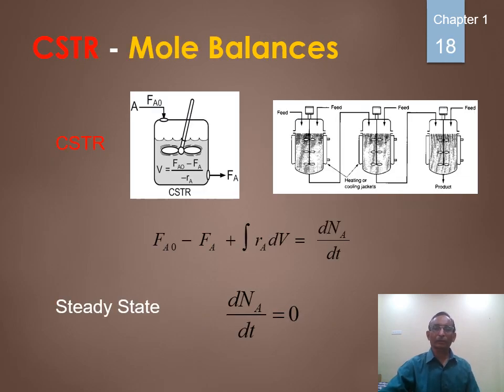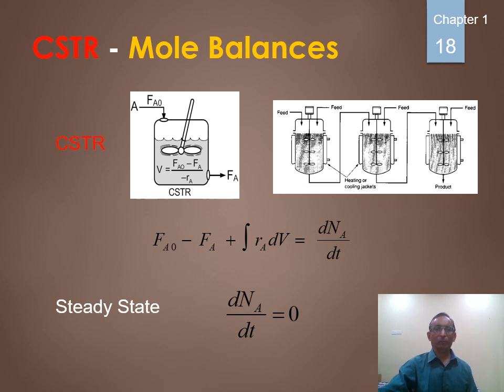Then the CSTR, continuous stirred tank reactor. These are the two figures they have shown. FA0 is the initial flow rate and FA is the flow rate after time t. How are you going to design this particular CSTR?